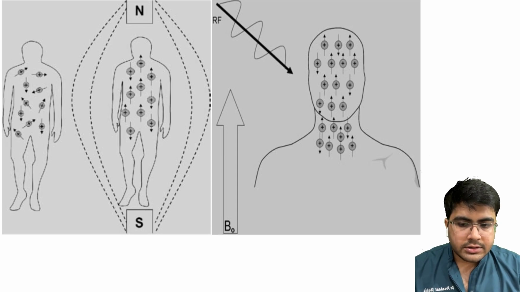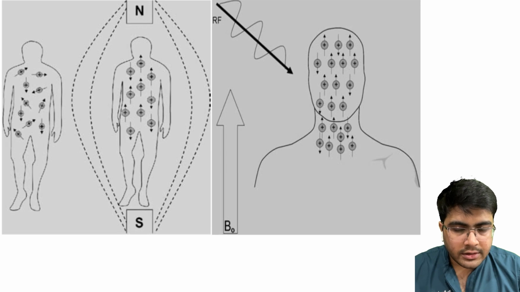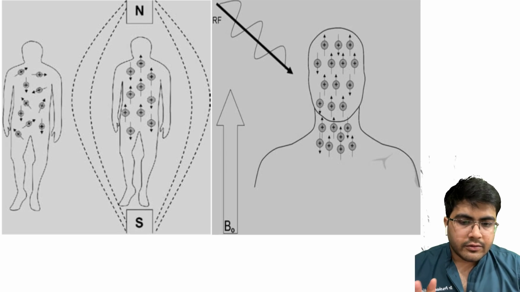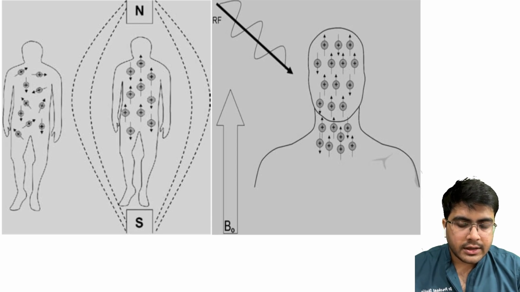When we put the patient's body in the MRI machine, there is a strong magnetic field which orients all the H+ ions according to the magnetic field of the magnet present in the MRI machine.